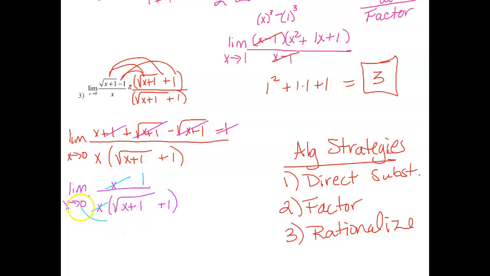And now I want to try direct substitution and see if we have a defined value. So I would get 1 over, that's gone. So we have 0 plus 1 plus 1. So 1 over, well, the square root of 1 is 1, 1 plus 1 is 2.